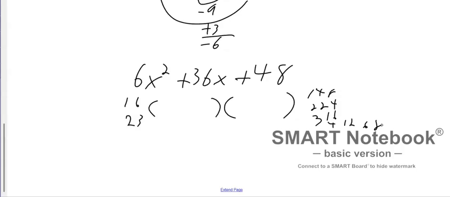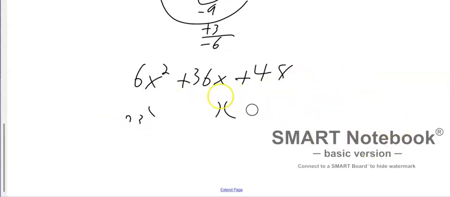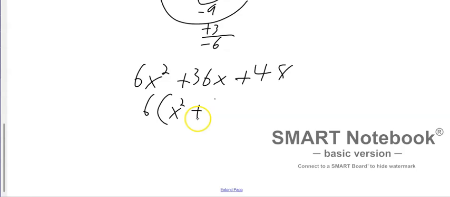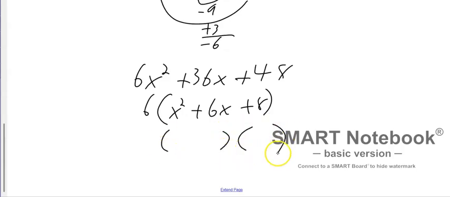But in this case, if you would have taken the time to do the GCF first, watch how much faster and easier this problem would be. If you notice that 6 is a common factor of all of these, and we just divide, well, look how simple that is now. We're still going to break this down like we did before.